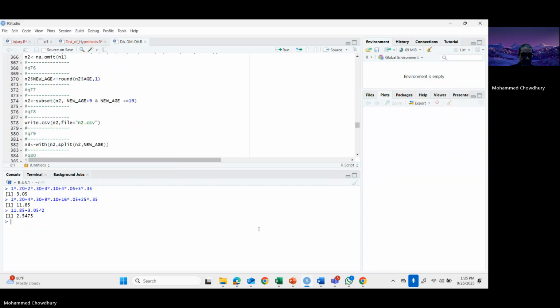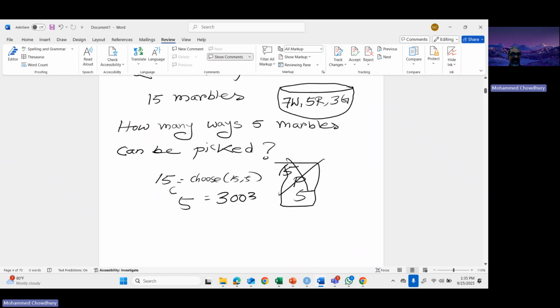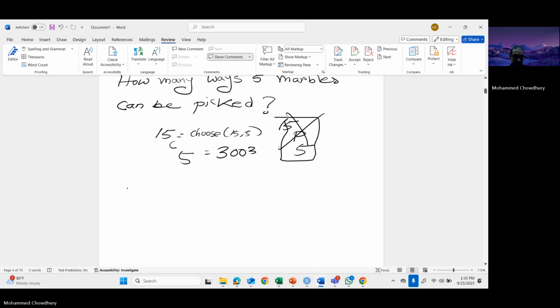15 choose 5. 3003 ways I can choose 5 marbles. Clear, right? 3003 ways. Now, first problem: denominator is 3003.